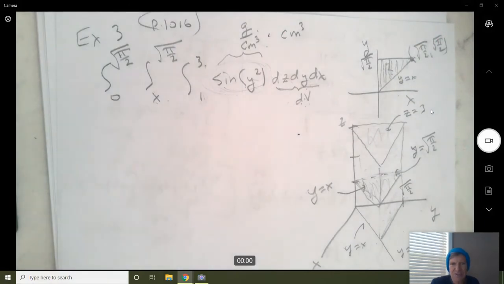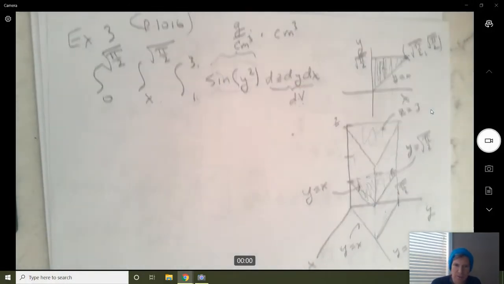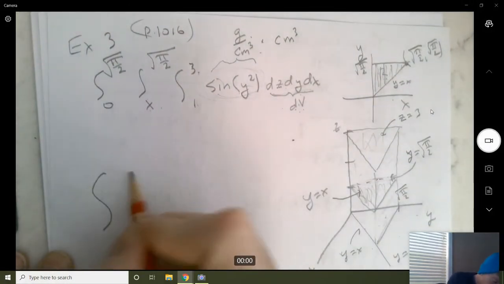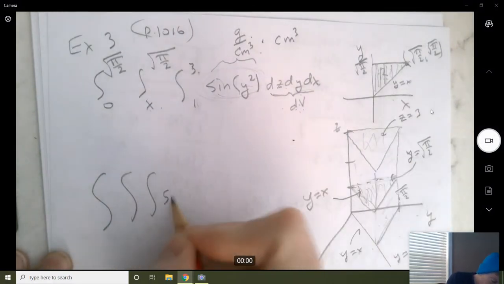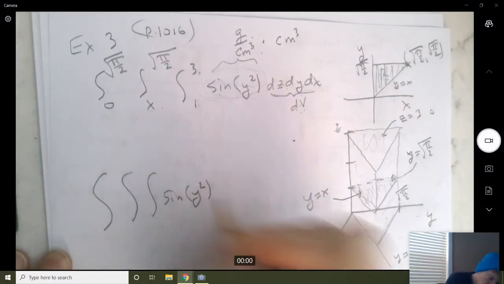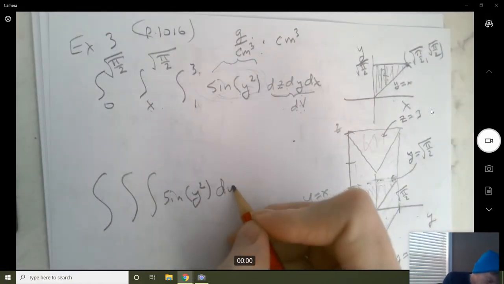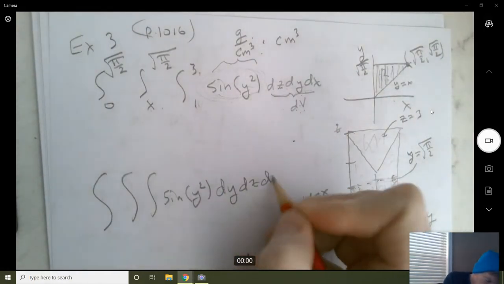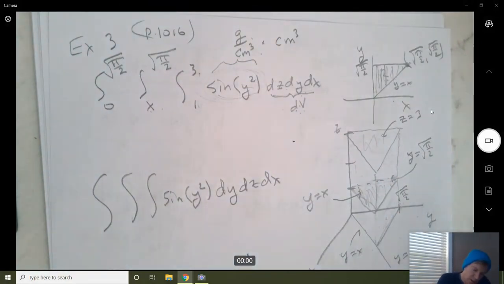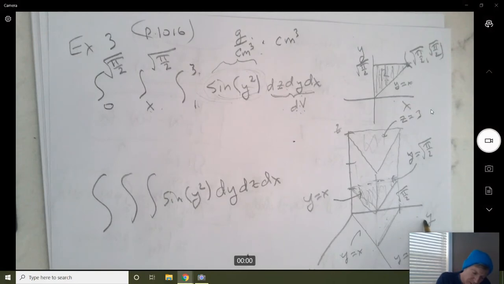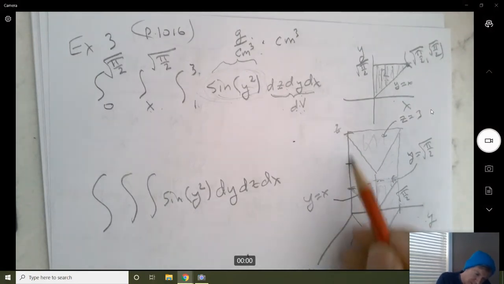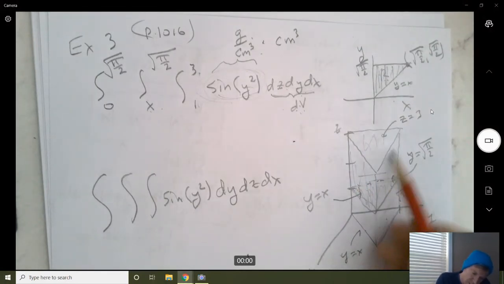But let's try to do this, and I'm going to switch the order of integration. Let's do sine of y squared, and we'll do the dy first: dy, dz, dx. Now if I'm doing the y first, I want to go in the y direction from this side to this side.